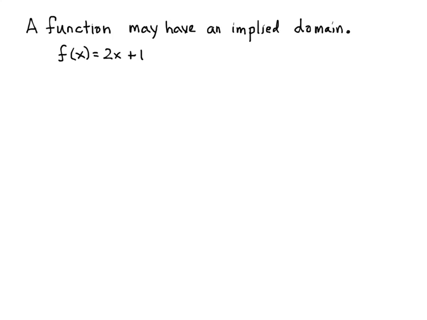So we have a function, and we can have what's called an implied domain. An implied domain is a domain that you can tell by looking at or analyzing the function what numbers work, that you don't have to actually say what the domain is.